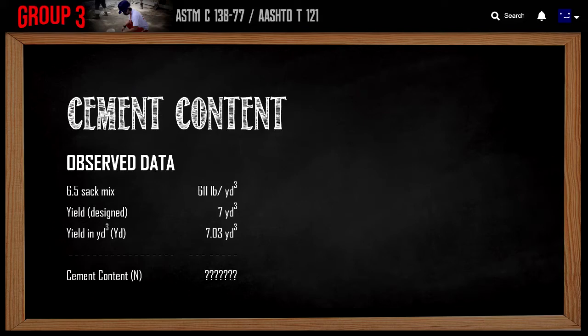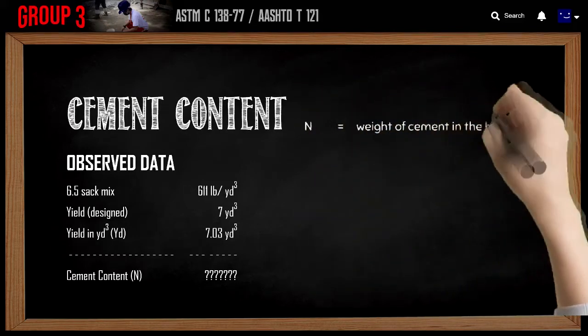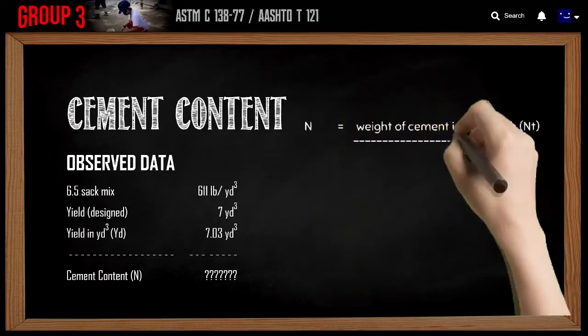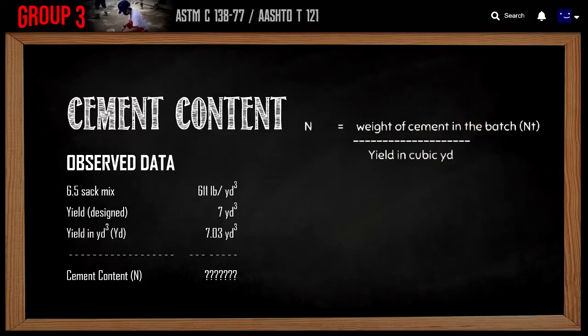The calculation here is N equals N subscript T divided by Y subscript D, where N is the actual cement content in pounds per cubic yard, N subscript T is the total mass of the cement batched in pounds, and Y is again the yield, or the volume of concrete which was produced, in cubic yards.